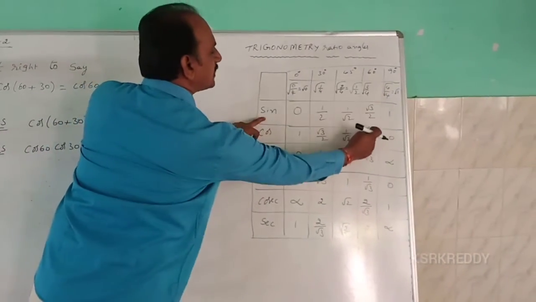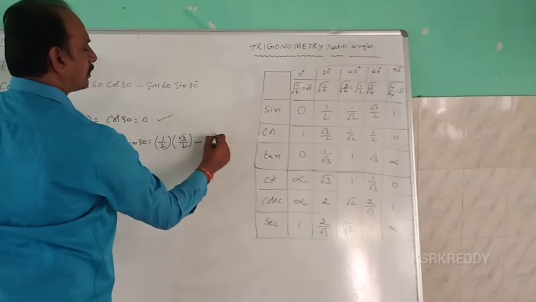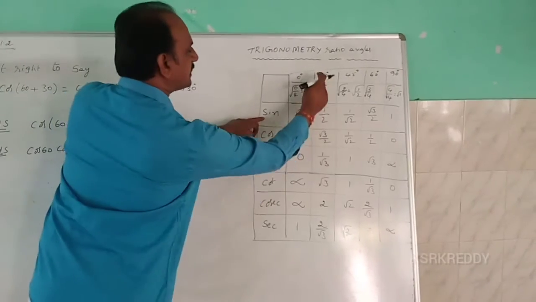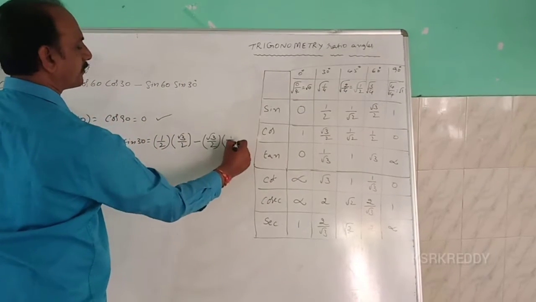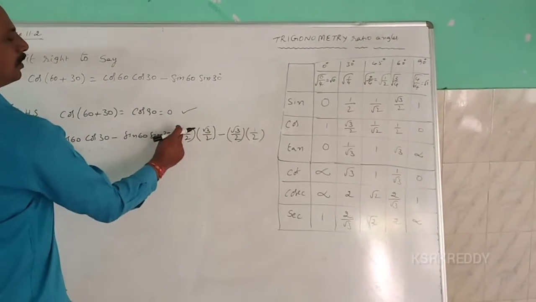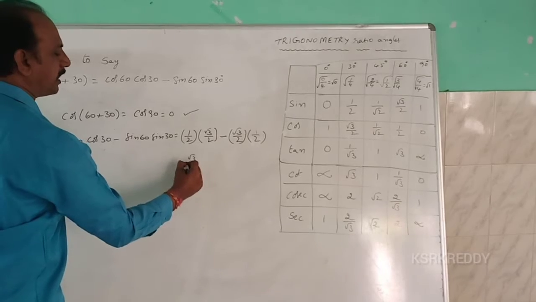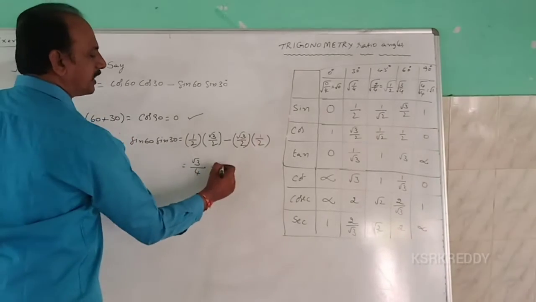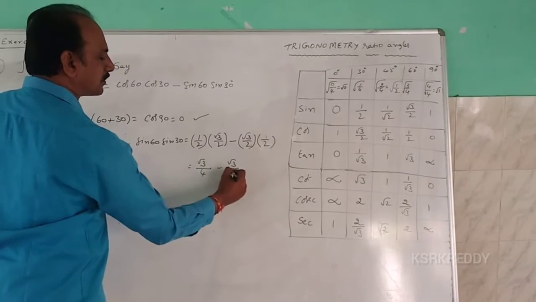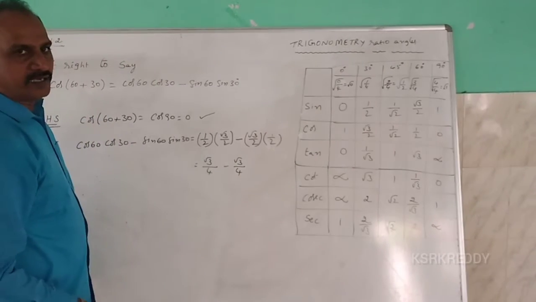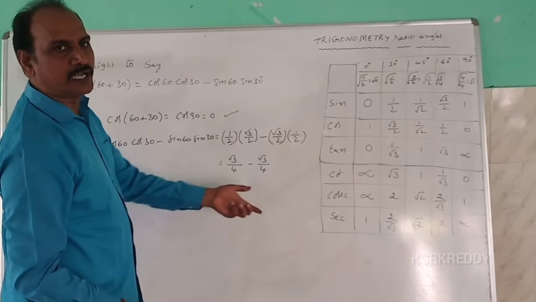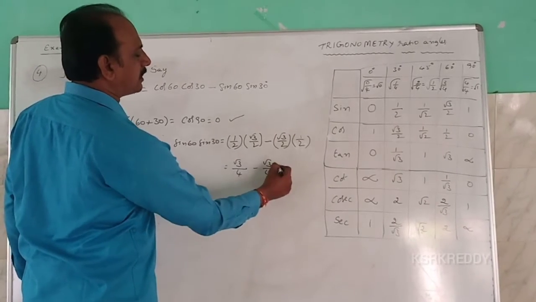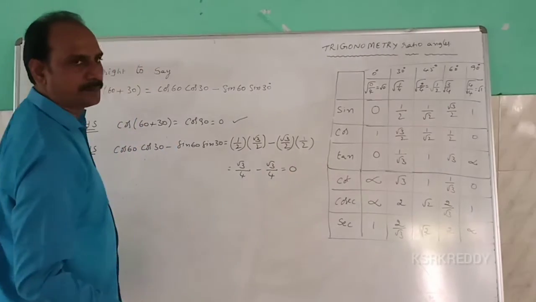Sin 60 degrees is root 3 by 2, into sin 30. Sin 30 is 1 by 2. So that is 1 into root 3, root 3 by 2 twos 4, minus root 3 into 1, root 3 by 2 twos 4. Already we know that a minus a equal to 0. That is root 3 by 4 minus root 3 by 4, which is also 0.